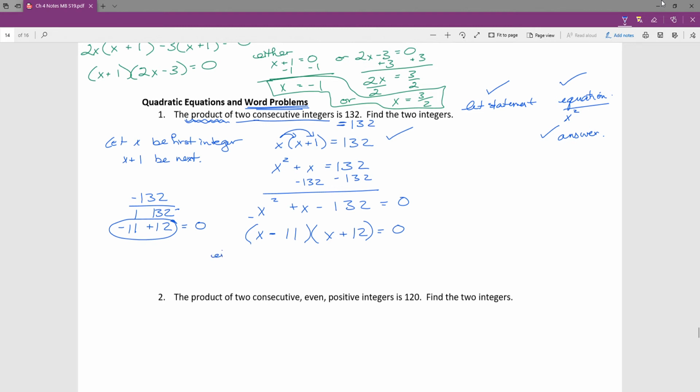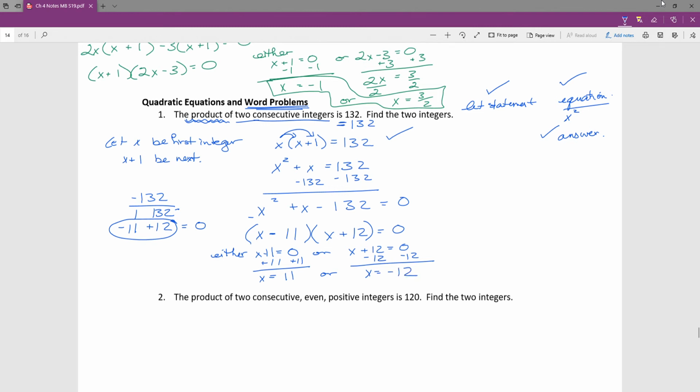So either x minus 11 equals 0 or x plus 12 equals 0. So I have these two cases going on here. Adding 11 to both sides, I get x equals 11, or subtracting 12 from both sides, x equals negative 12.